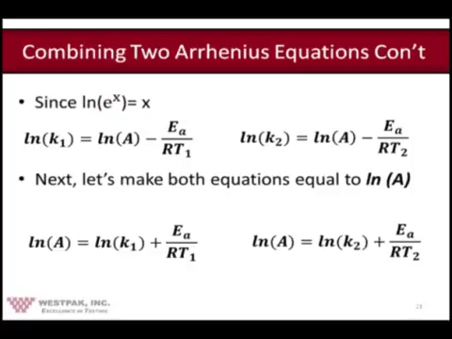So we have log of K1 equal to log A minus E sub A over RT1 in the first equation, and log of rate 2, K2, equal to log A, again the same thing, minus the activation energy over the gas constant times T2. Well, you can see that there is a log A in both equations. So what Jorge did in the second set of equations, he simply factored those out in both cases. Jorge, you want to continue?